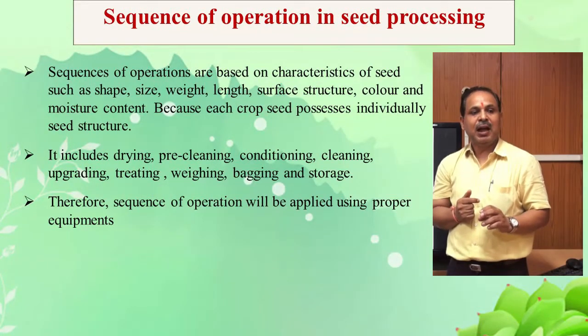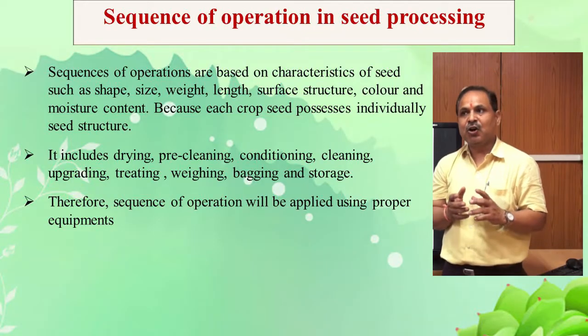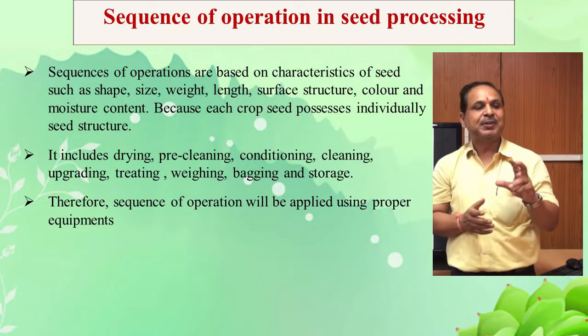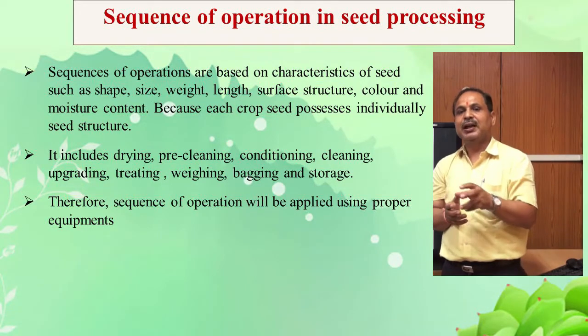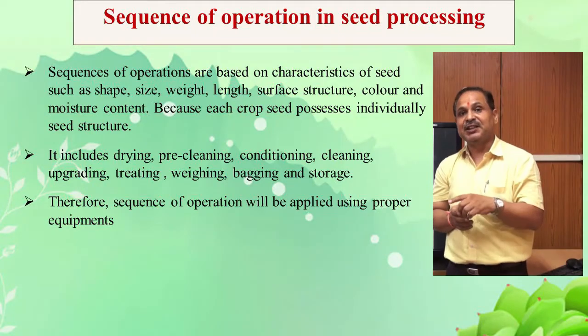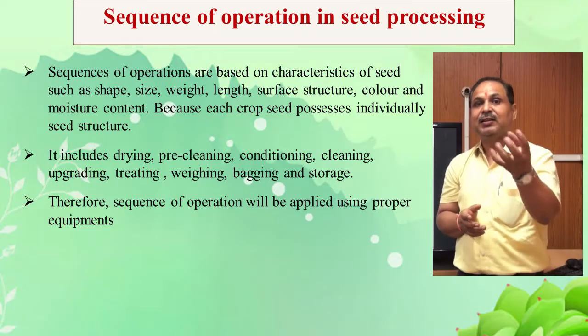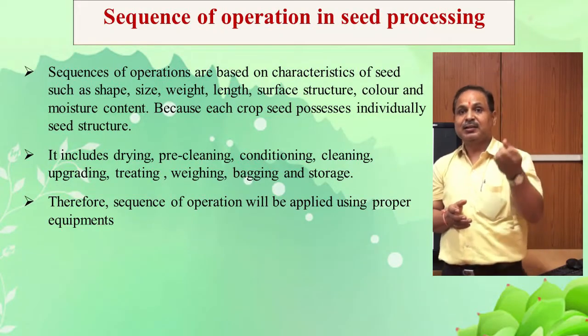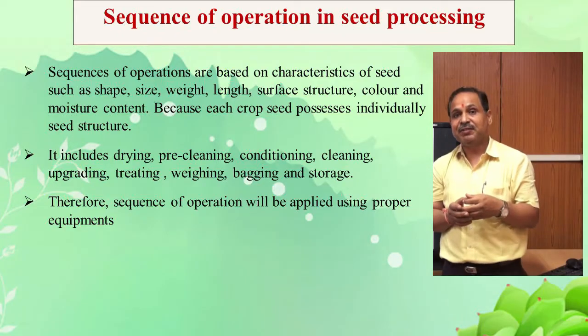Now we come to the activities of the seed processing. It is operated in a proper sequence. Otherwise, if the sequence is not followed, then the processing will not be completed effectively and efficiently. Similarly, if we study the third semester before the first semester course, it is very difficult.